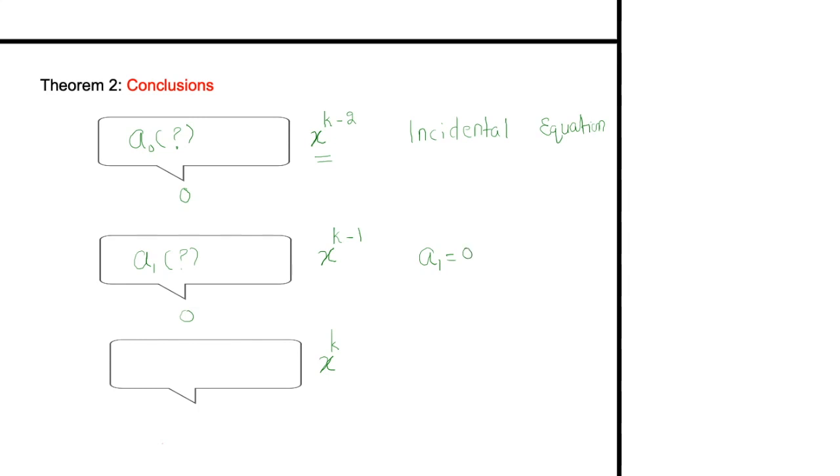The vanishing of the coefficient of x power k is ensured by imposing the recursion relation, and so on. So this will develop a recursion relation for us.